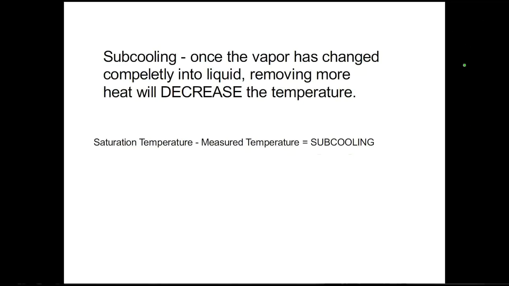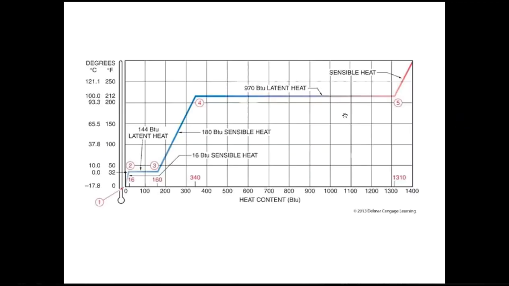Now, on our chart, that's what happens right down here. So here we're at saturation point. We're dumping all of the latent heat. At this point, from here downwards is our subcooling.